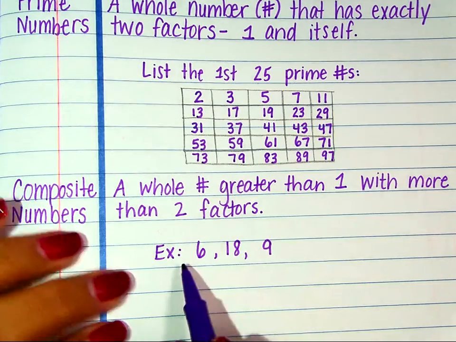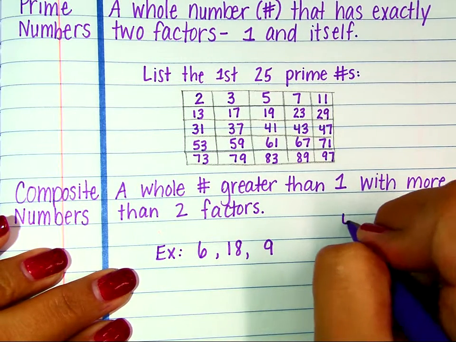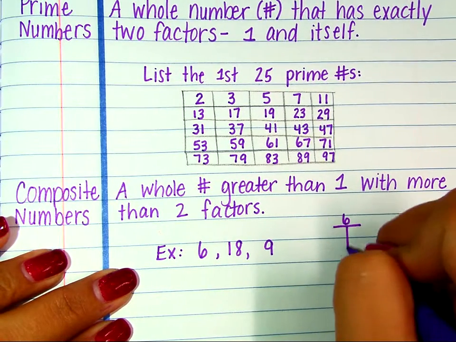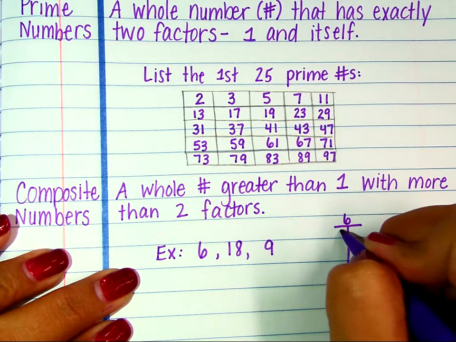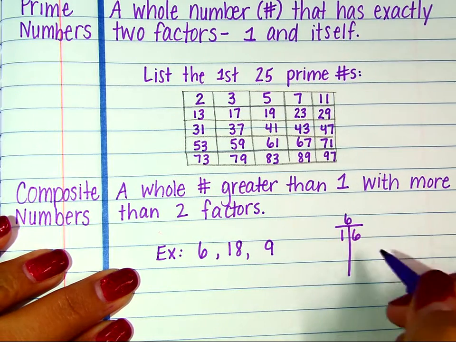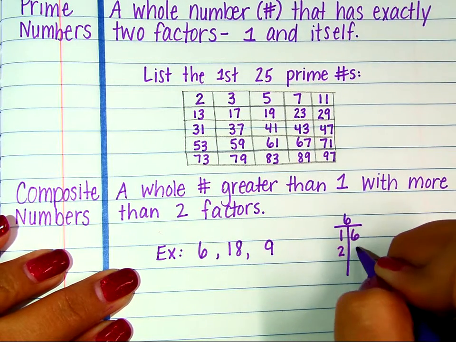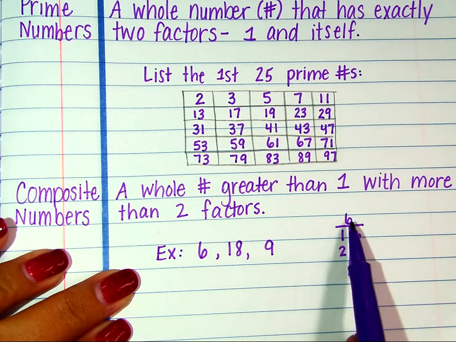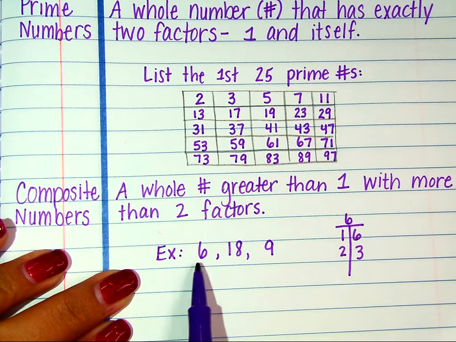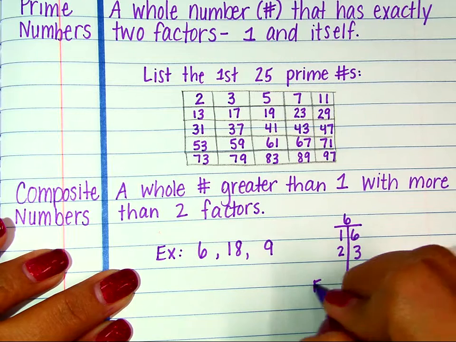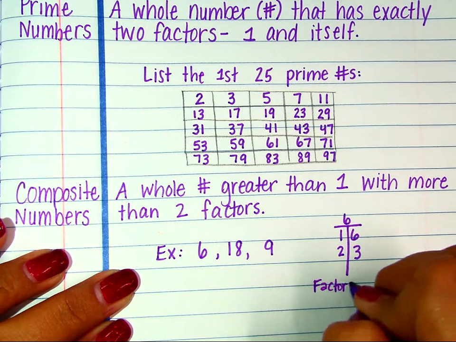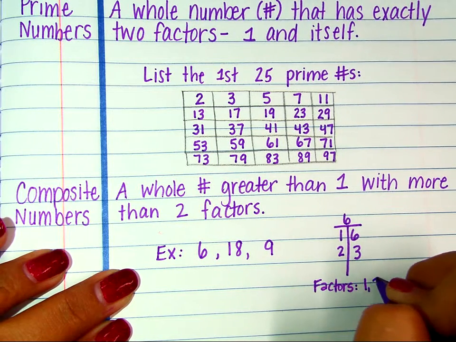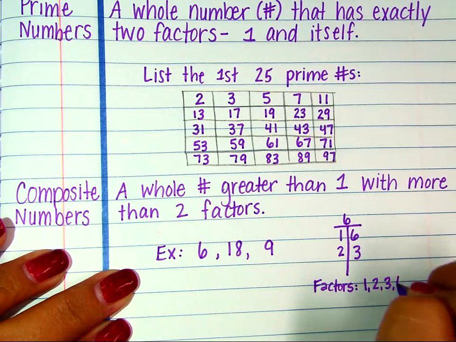If I take the number 6, the factors of 6 are 1 times 6 and 2 times 3, so the factors are 1, 2, 3, and 6.